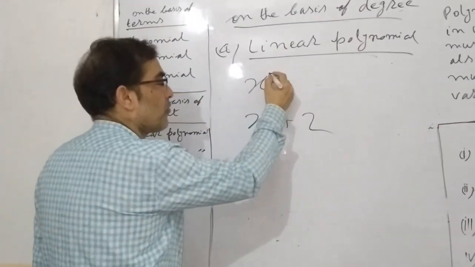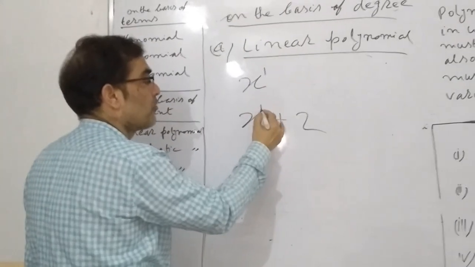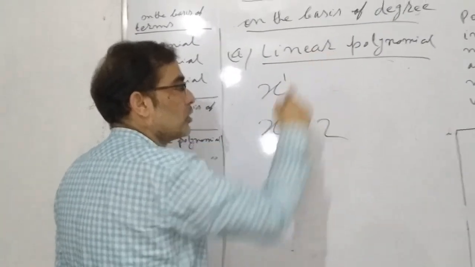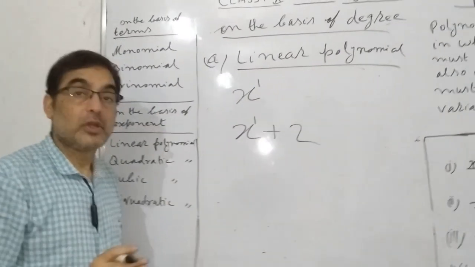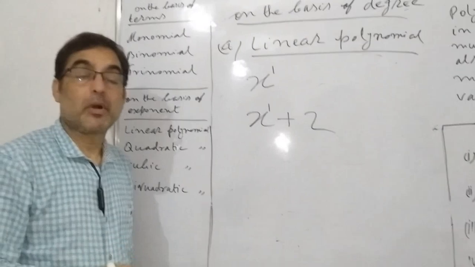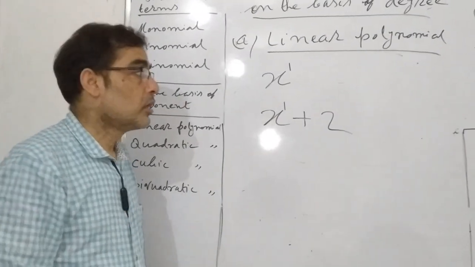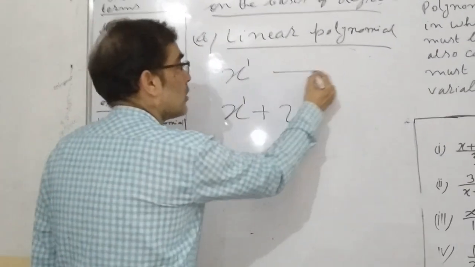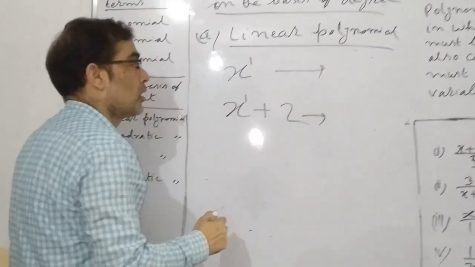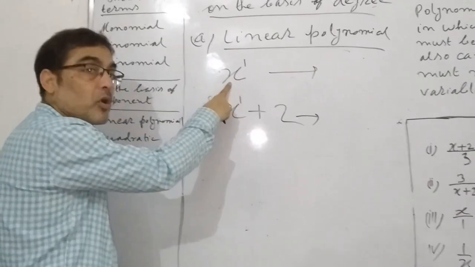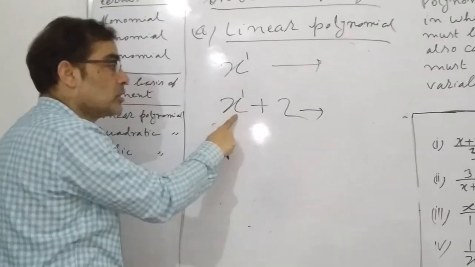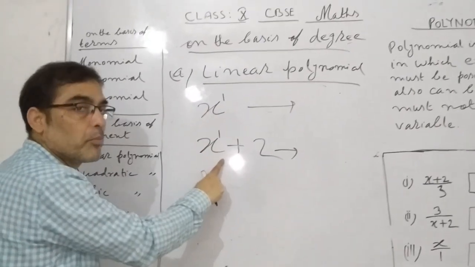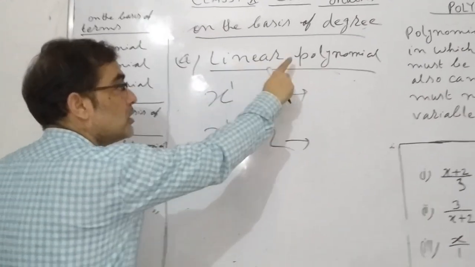Here power of variable is 1. So these are examples of linear polynomial. The polynomial in which variable has only 1 degree will be called linear polynomial. Both are linear polynomials, but this is monomial and this is binomial.